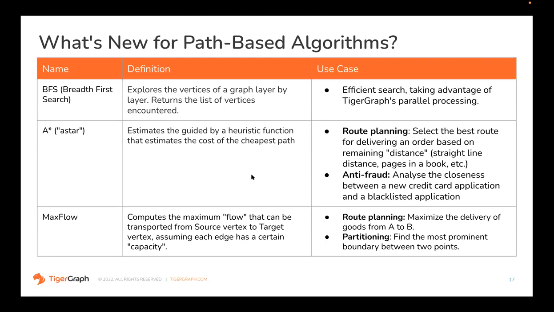A star is a way to estimate the additional cost to finish out a path from where you are to get to your final destination. It can be used when you've partially completed a journey and want to know the estimated cost to finish it. Think about reading a book: you could estimate how long it will take you just based on the number of pages. Then you read partway through the book, so you have a real number for how long it actually took you to read that far, and then you can guess again how long it will take you to finish the book.